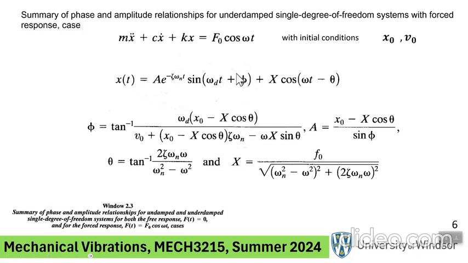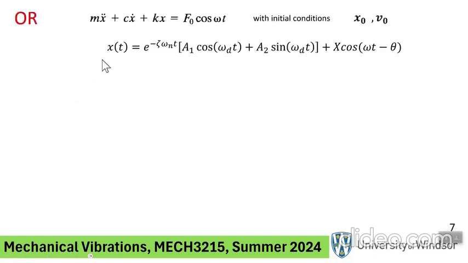So the moral story is there's going to be a constant times exponential times sine of omega d t plus another constant times exponential cosine of omega d t. Okay, so this was another way of writing this. This A1 and A2 will absorb that phi in it. Remember the cosine of phi and sine of phi that's going to come? They're going to absorb.